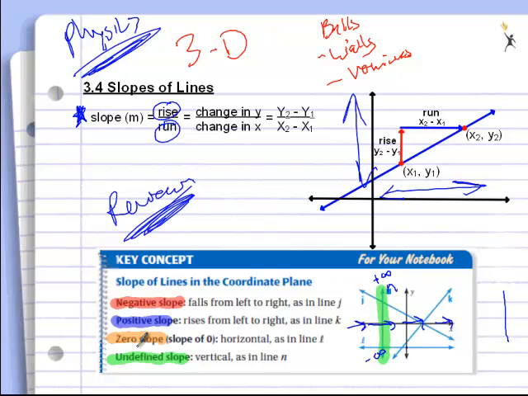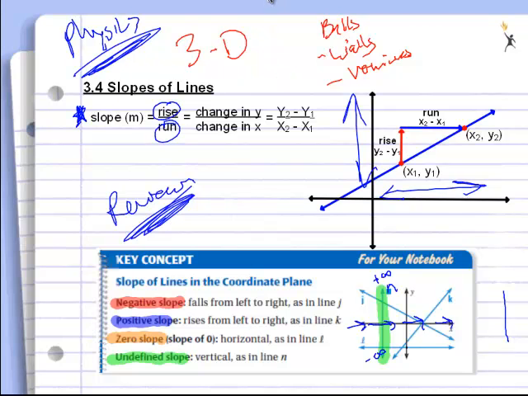But if there were, that would be called an undefined slope. It increases so fast, so quickly, that we can't actually measure it. But that would be a vertical line. So those four different types of slopes, negative, positive, zero, and undefined, are all that you need to be familiar with. You should have seen them all in algebra, but again, this is just a review.